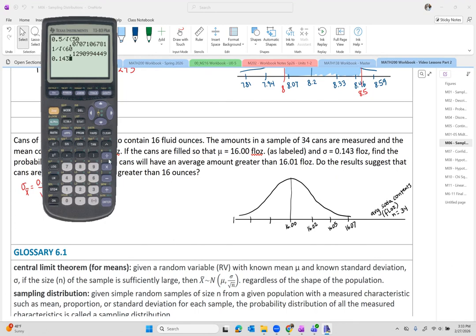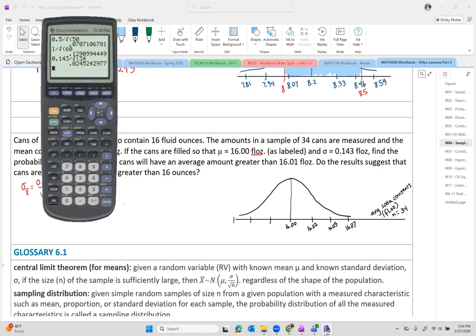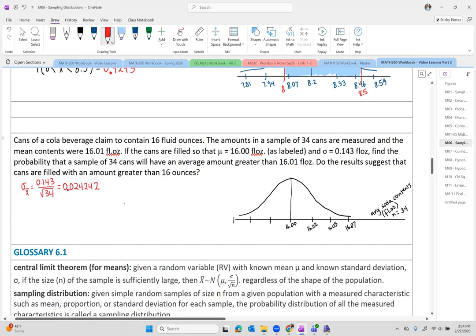So 0.143 divided by the square root of 34 is this number, 0.0245242977. Now, with this new standard deviation, I can answer the question about the sample mean.